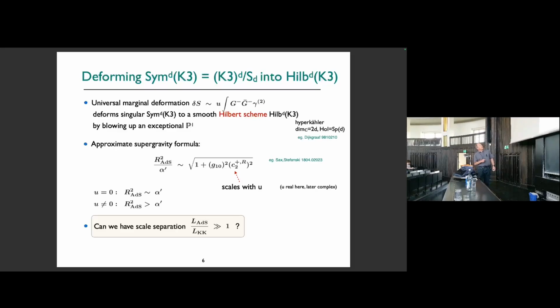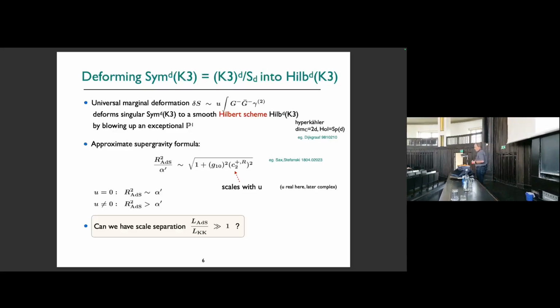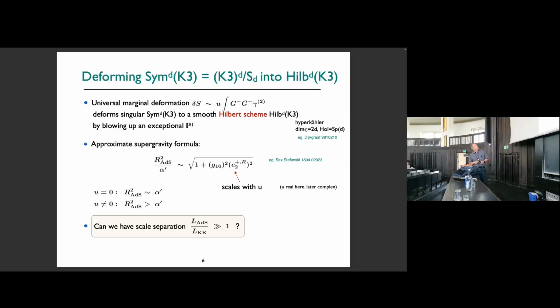And the deformation is done by a universal twist field or a universal deformation parameter, which geometrically corresponds to a P1 blow-up mode of this orbifold singularity. So this is a very distinguished, unique deformation, which is canonical.